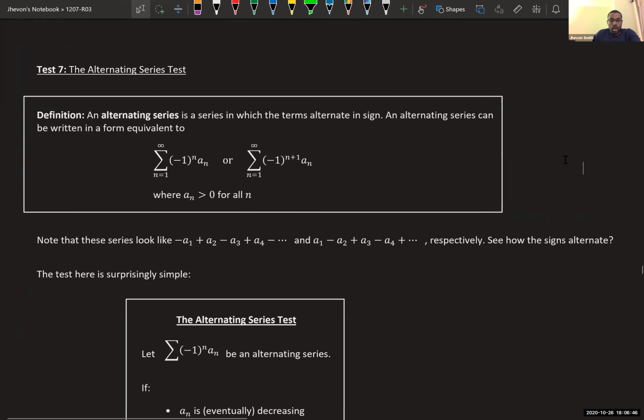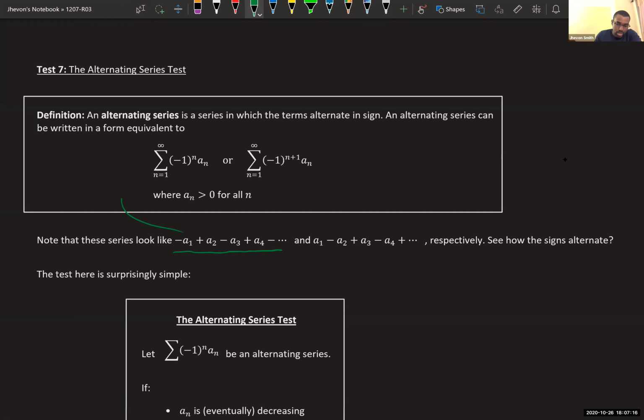Okay, so an alternating series is a series in which the terms alternate in sign, right? And it means that you can write it in one of these two ways right here. It's like minus A1 plus A2 minus A3 plus A4 minus A5 plus A6 minus, and it just keeps going back and forth, right?